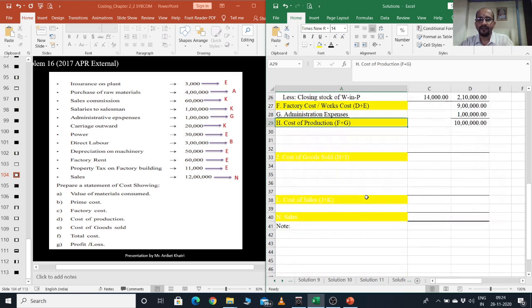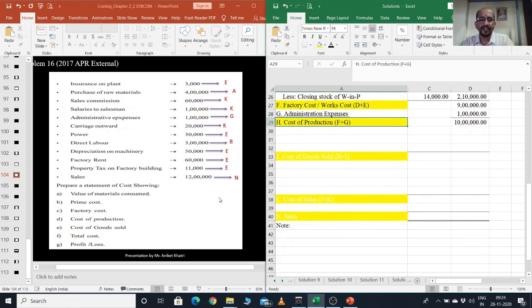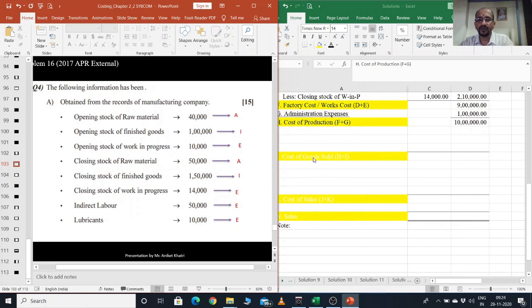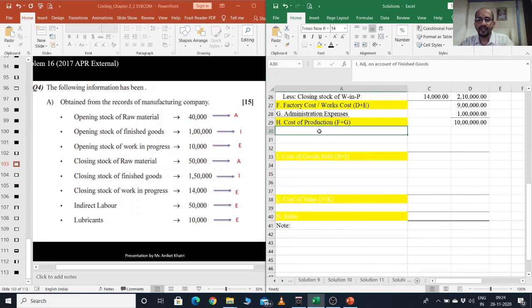Now after cost of production, we need to do the adjustment on account of stock of finished goods, right? So write adjustment on account of stock of finished goods. We need to add the opening stock of finished goods. So see, where is it?